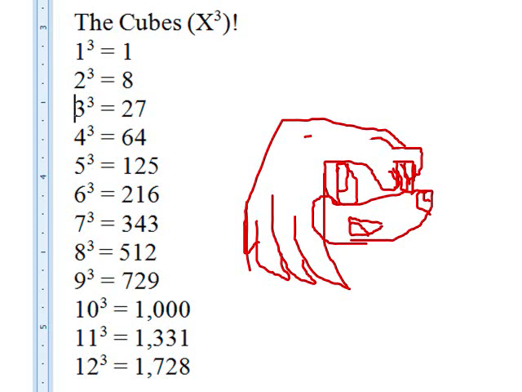So 1 cubed is 1, 2 cubed is 8, 3 cubed is 27, 4 cubed is 64, 5 cubed is 125, 6 cubed is 216, 7 cubed is 343, 8 cubed is 512, 9 cubed is 729, 10 cubed is 1,000, 11 cubed is 1,331, 12 cubed is 1,728. And you have a doodle of Knuckles, which I drew on my computer with a mouse. Crummy looking, but it's Knuckles.